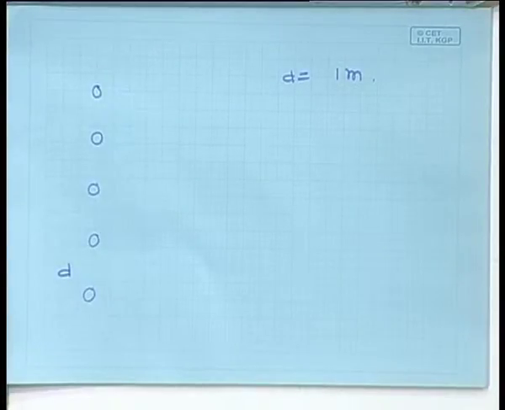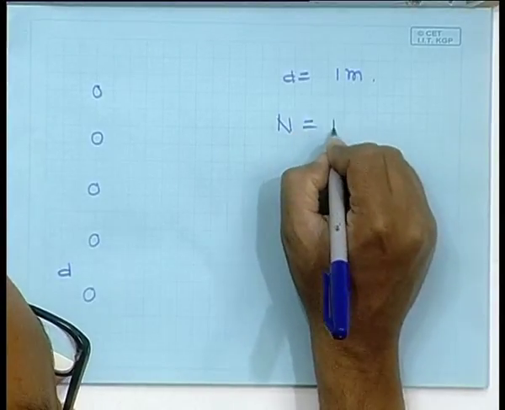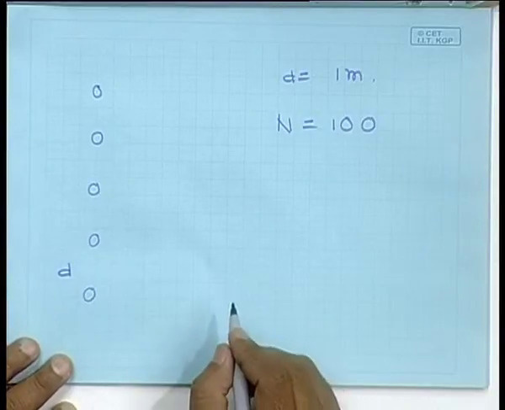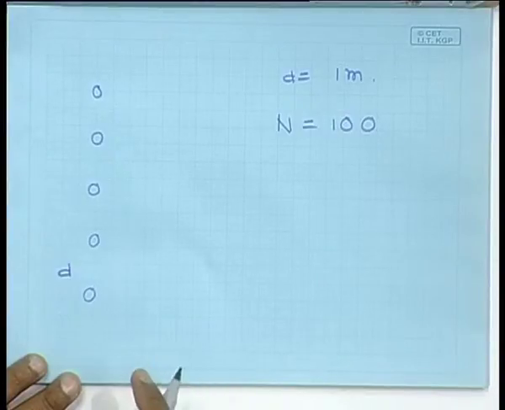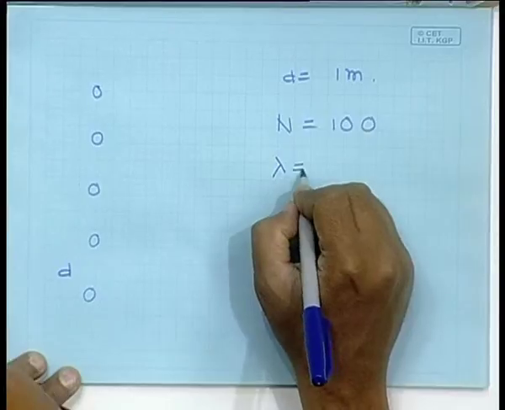You are also given the information that n is equal to 100, we have 100 antennas, and that this radiation is at 150 megahertz. Let us calculate the wavelength, that is what we need.